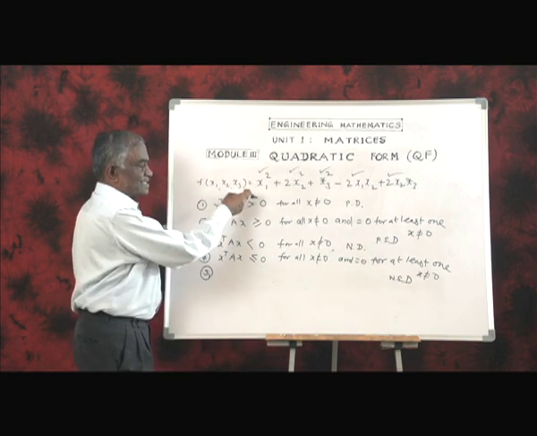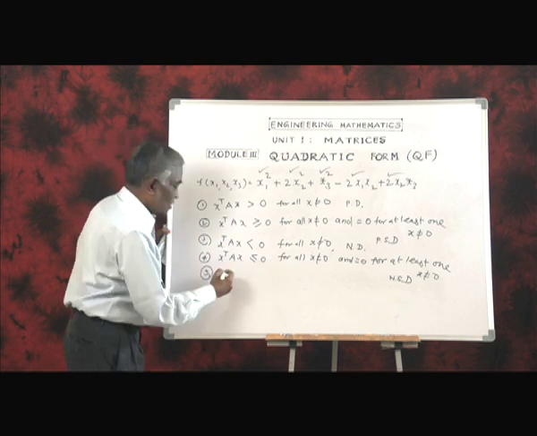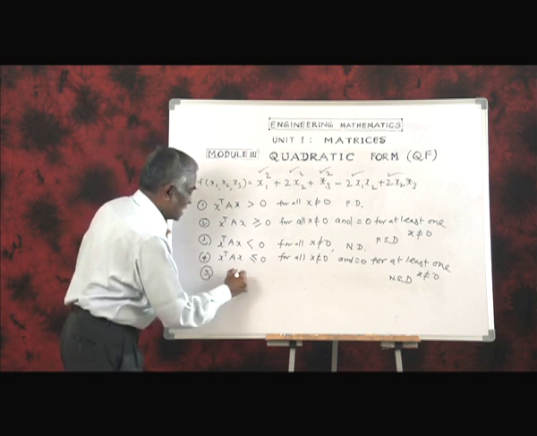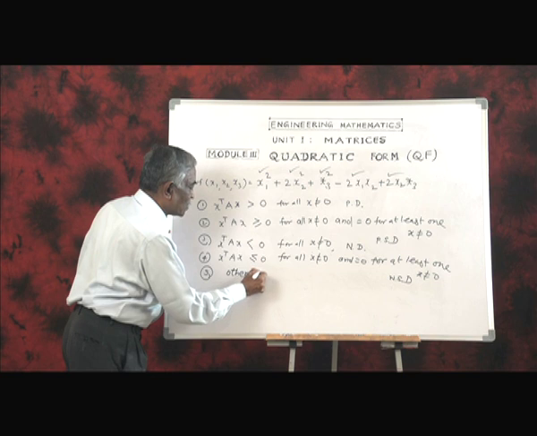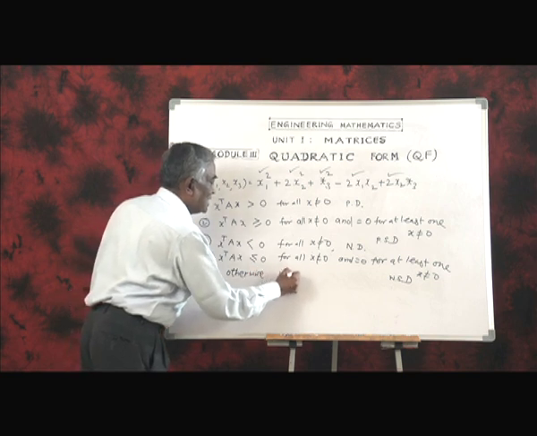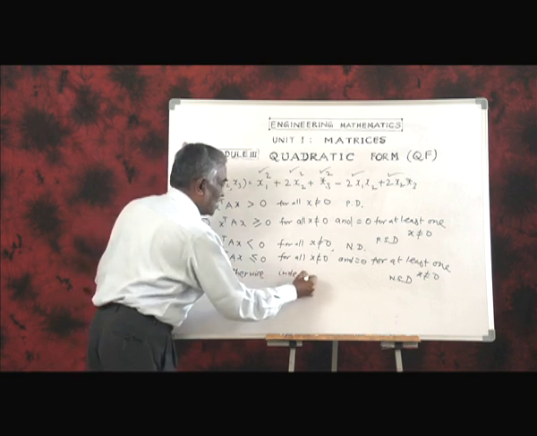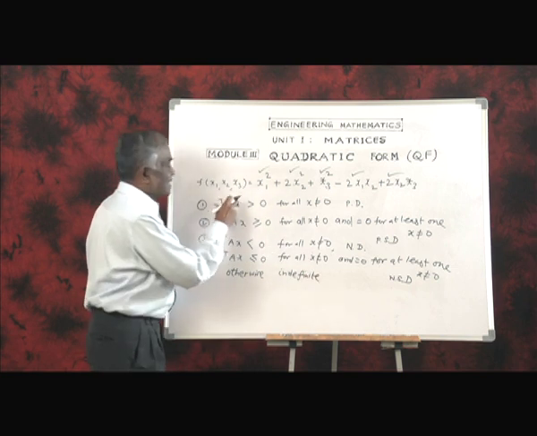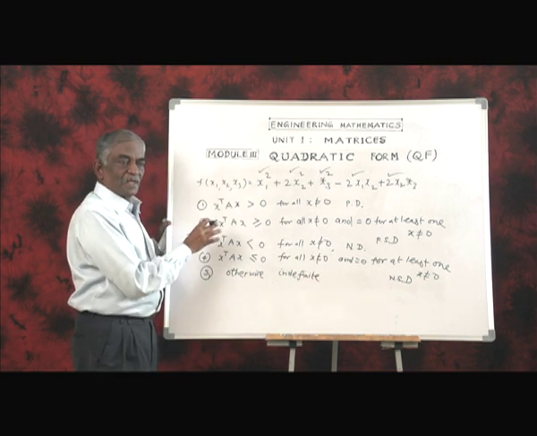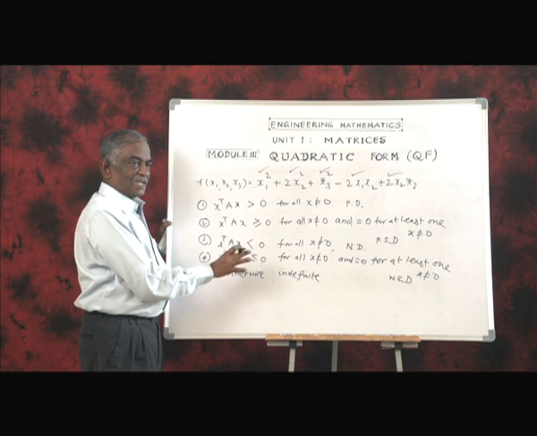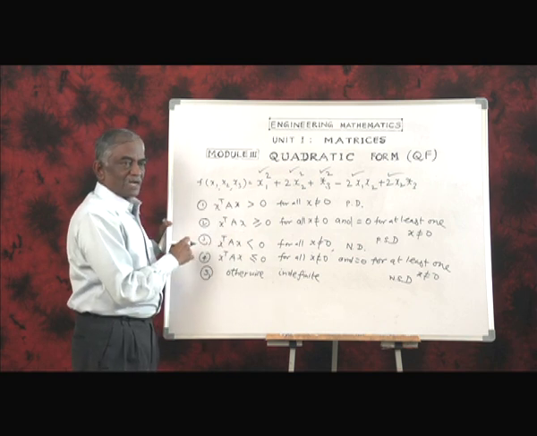Finally, if it is not satisfying any one of these four, we call the quadratic form indefinite. Indefinite means for some set of values of x it is positive, for some set of values it is negative.